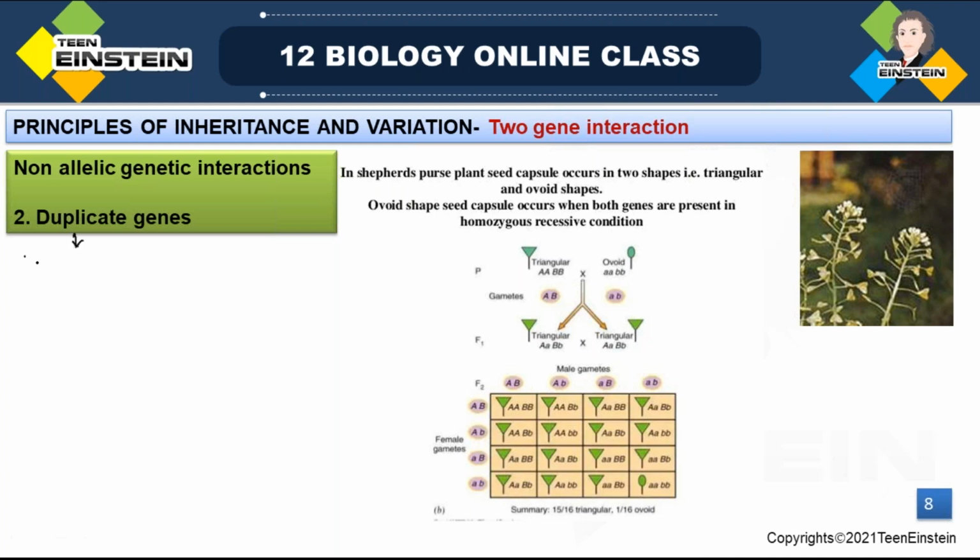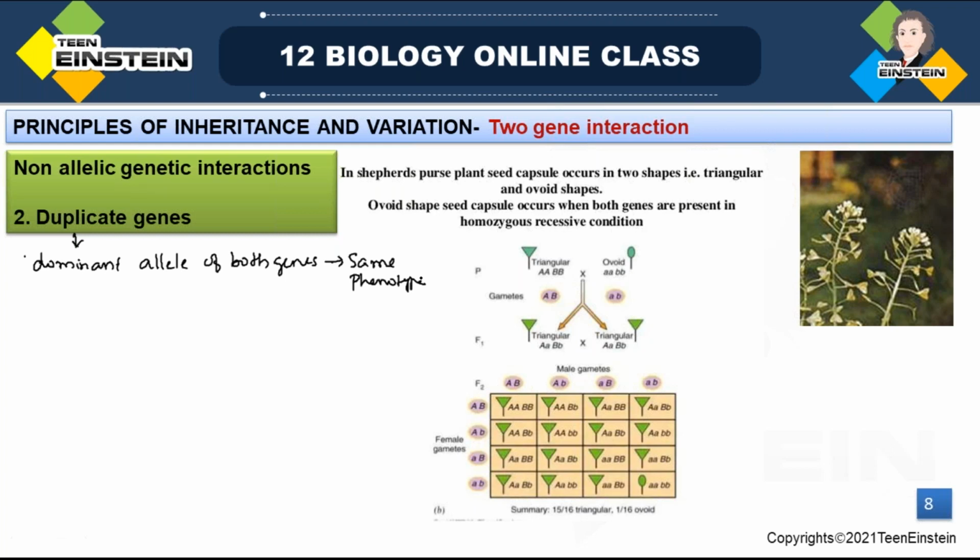In duplicate genes, it's the interaction between genes. So the dominant allele condition of either gene forms the same phenotype. But there is no cumulative effect.